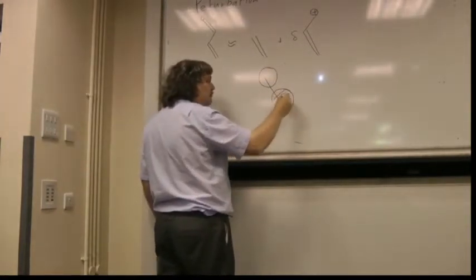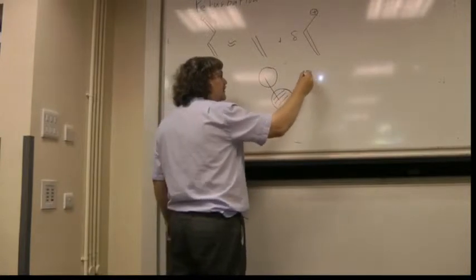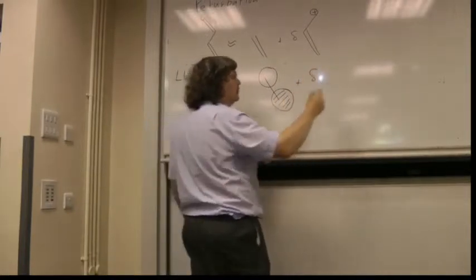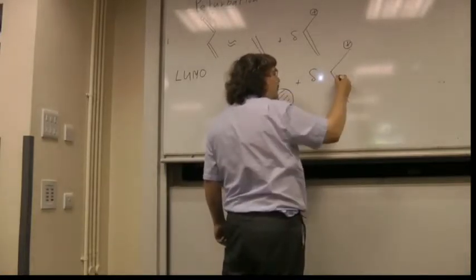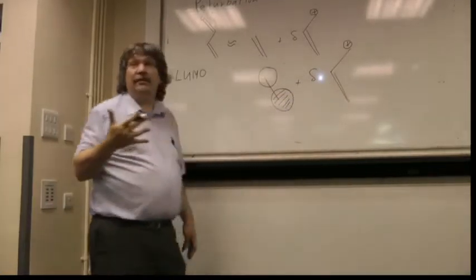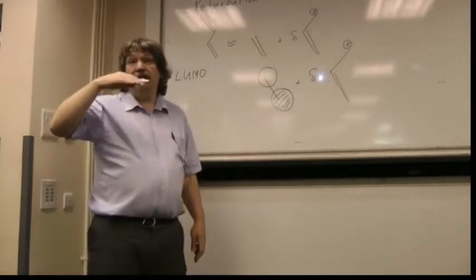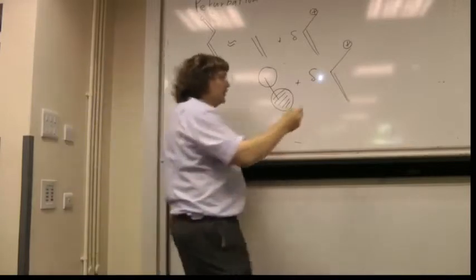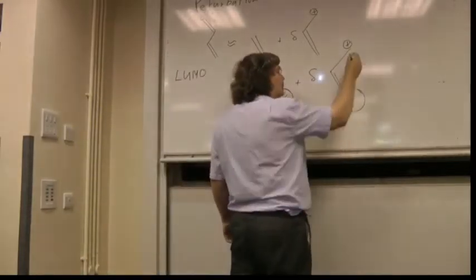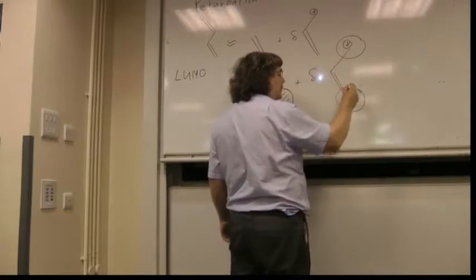that one, plus I'm going to mix in the LUMO of an allyl cation. So what's the LUMO of the allyl cation? Well, it's the second orbital up, okay, got a single node. It looks like that.